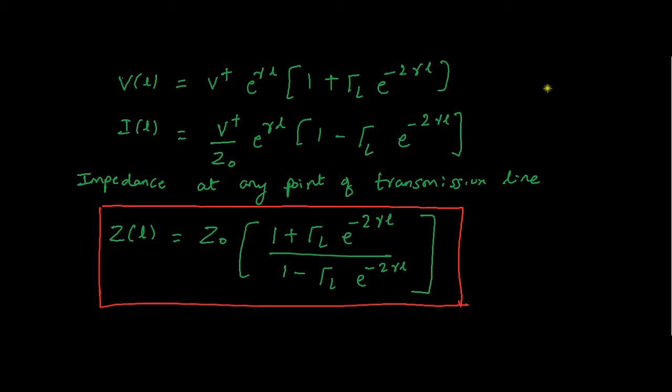Then we defined the reflection coefficient, which is the ratio of the reflected wave to the forward traveling wave. At the load end, that is for L equal to 0, the value is ZL minus Z0 over ZL plus Z0. If ZL is equal to Z0, there will be no reflection, only the forward traveling wave.